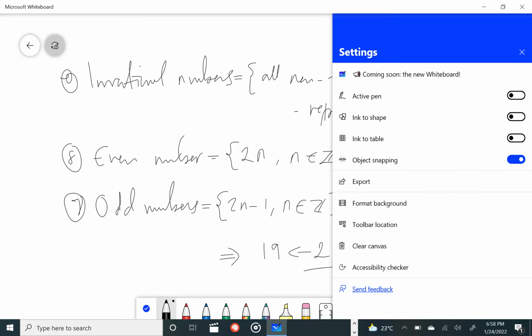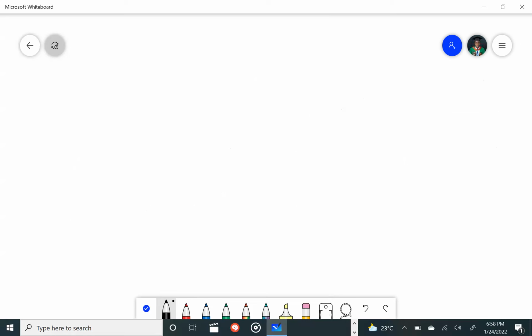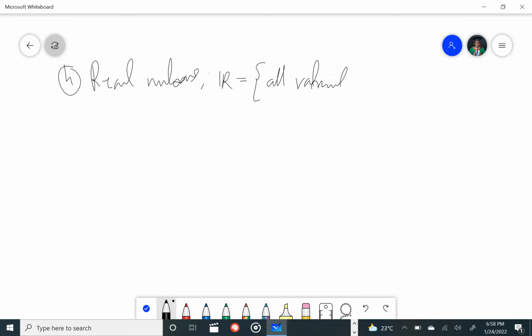Then the last two classes, before we can look into rational numbers in more detail, are real numbers. Real numbers are represented by this symbol R with something behind. So this is just a combination of all rational or irrational numbers.